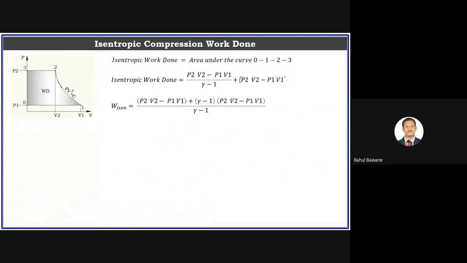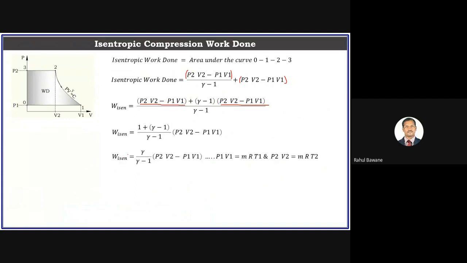Now taking the LCM, putting the bottom as a single bracket, after LCM we get P2 V2 minus P1 V1 plus gamma minus 1 times P2 V2 minus P1 V1. Again, from this we will take out this as a common. So 1 plus gamma minus 1.